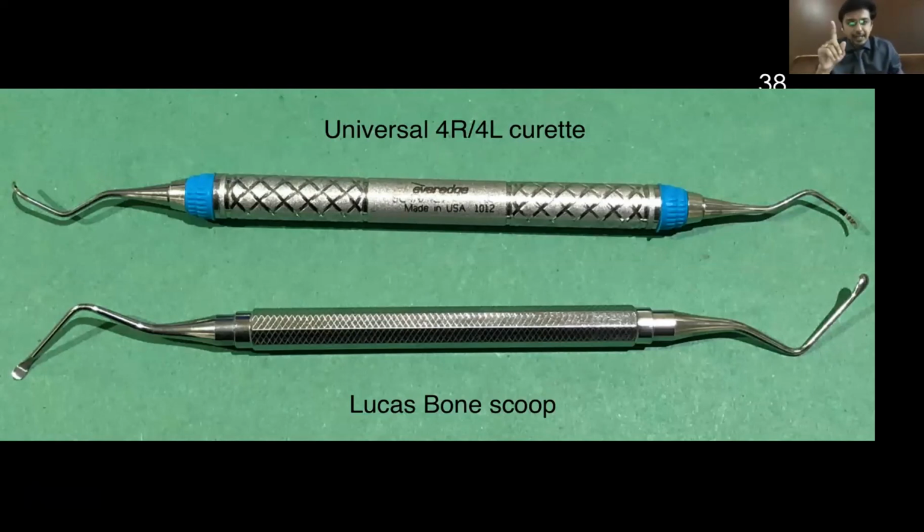For that, an excellent instrument is the Universal Columbia 4R4L curette of Ufridi. This is one of the basic instruments that you are supposed to keep in your set, because no matter how good you feel your flap reflection is, some tissue tags might remain.